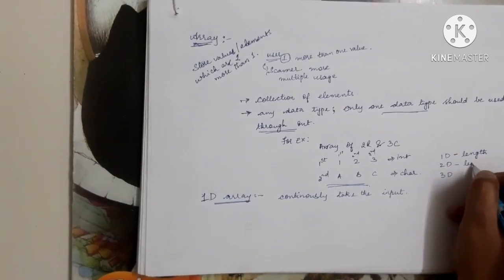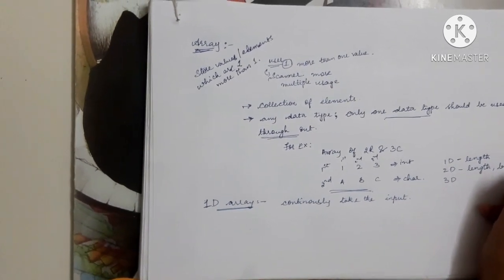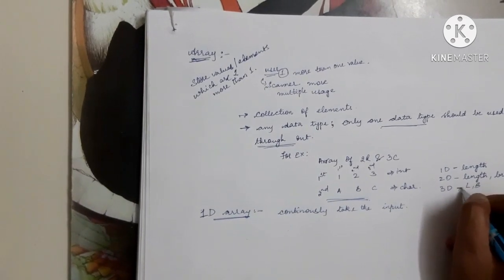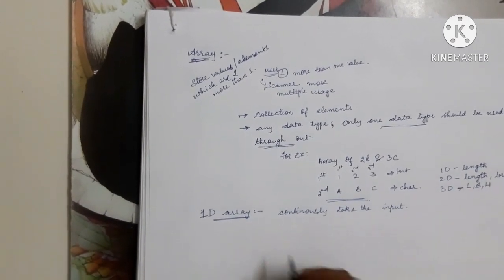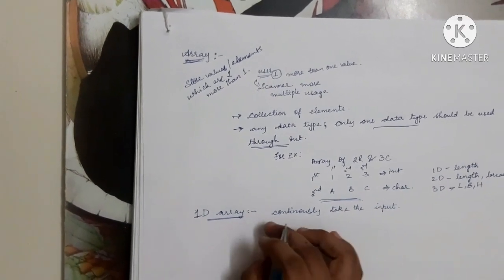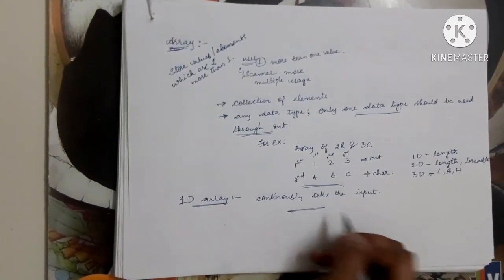In 2D we can take two perspectives, length and breadth. In 3D we can take length, breadth and height. So in 1D we are going to take only one dimension, like a single line.